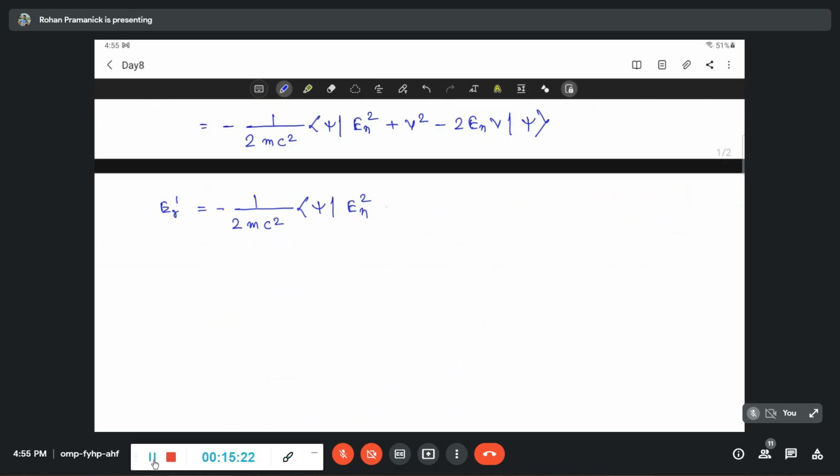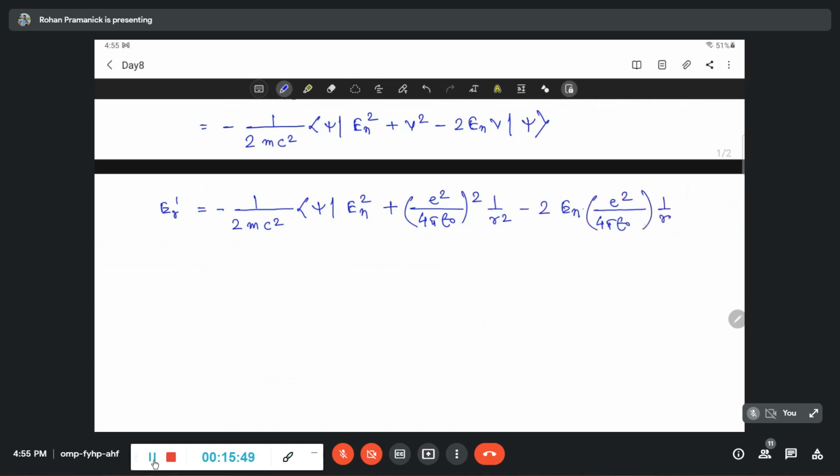Okay, so now this is e squared by 4 pi epsilon 0, squared, 1 by r squared, minus 2 E n, e squared by 4 pi epsilon 0, 1 by r, and there is psi.